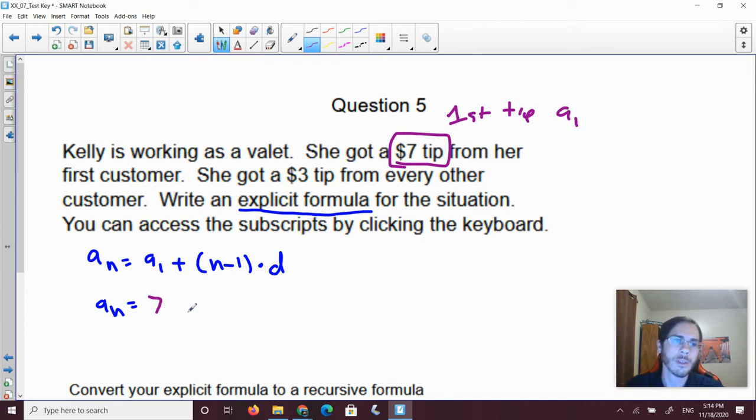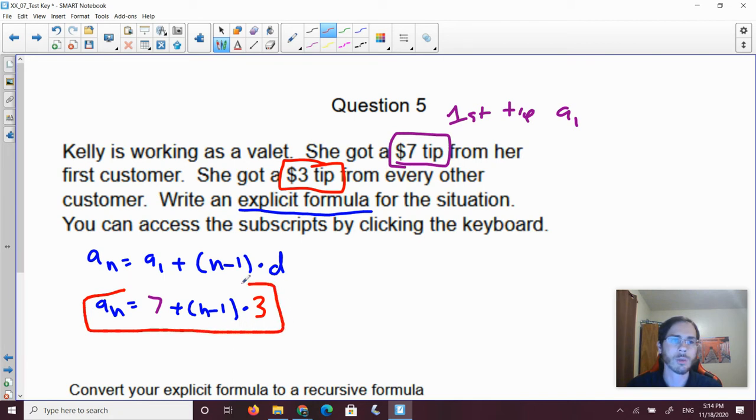So we get a 7, plus n minus 1, which never changes, so that stays the same. And then we need d. Well, d is the common difference. So d is how much it goes up by every time. Every other time, it's a $3 tip, so we have to do times 3. And that's all we have to do, just make the equation. We don't need to plug anything in after that. We just want to get the equation.